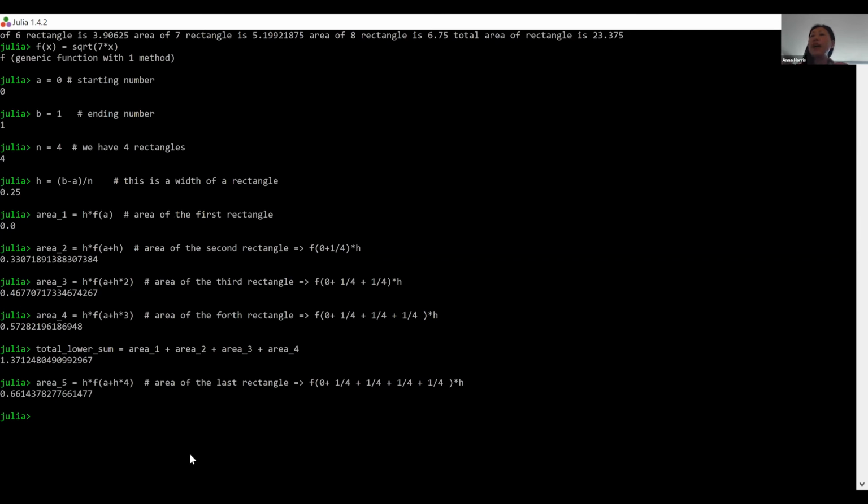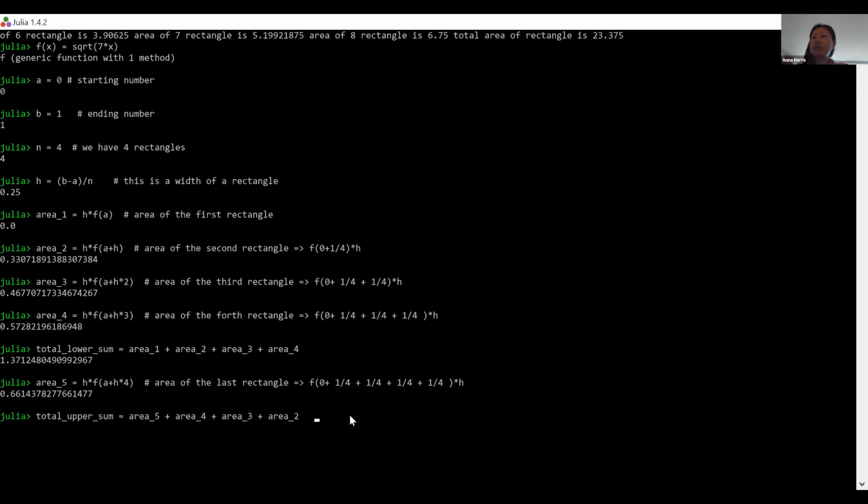So if you want to find the total upper sum, upper sum means you start with area 5, plus area 4, plus area 3, plus area 2, and you're done.